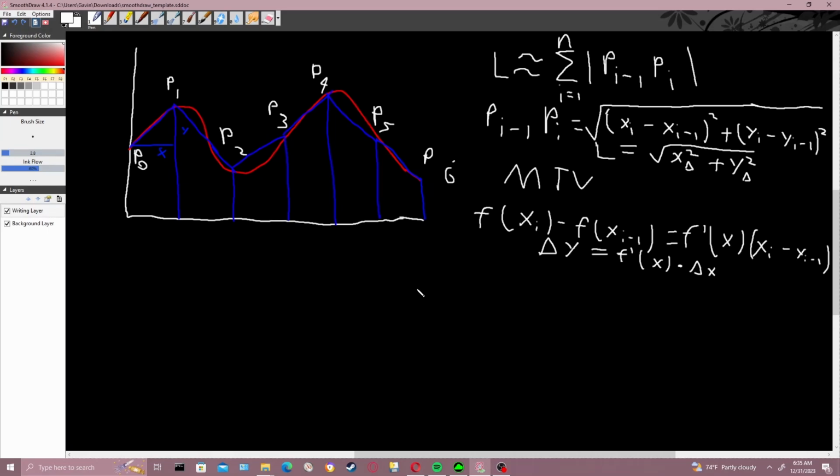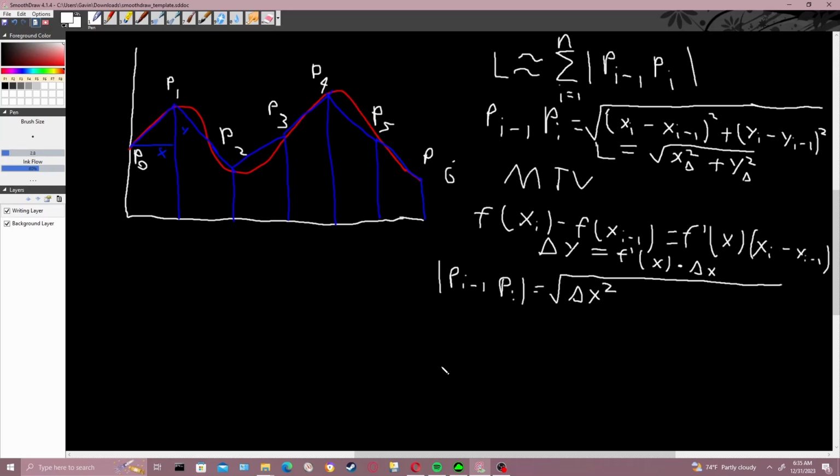So we know in our original formula P_{i-1} P_i, that's not times, by the way, that's just what we labeled it. We can now say that this right here, x_i minus x_{i-1} squared, is our change in x squared. That's very useful.